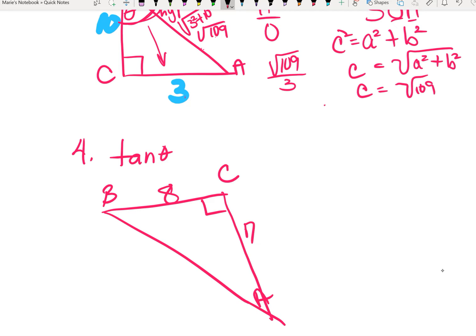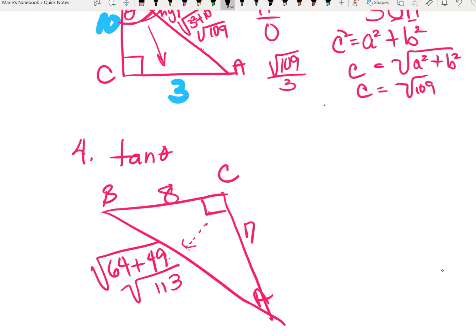We need to find that hypotenuse again, so remember the hypotenuse is always opposite the 90-degree angle. So this is the square root of 64 plus 49. Just remember that's 8 squared, and this is 7 squared, added together. If I'm doing this, then I end up with the square root of 113.